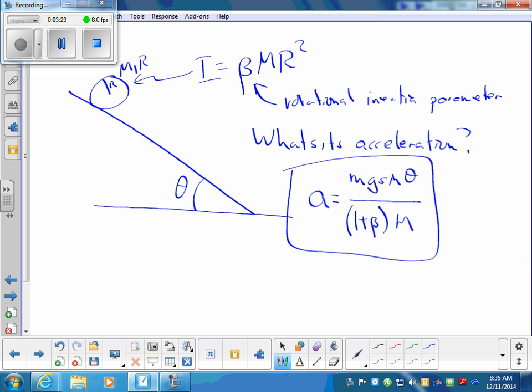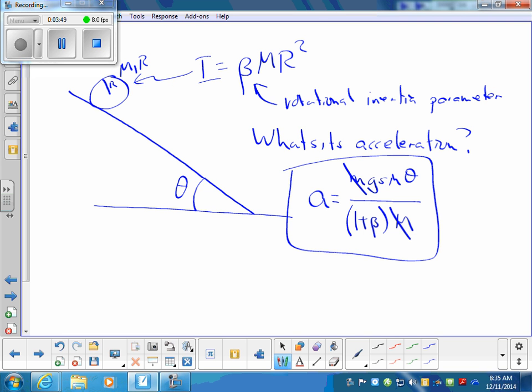Then the m goes out of it. Oh, the m does go away. I actually don't know. Really good. The answer g over 1 plus beta, where phi is theta. Don't look up the answer. Because the r's would.